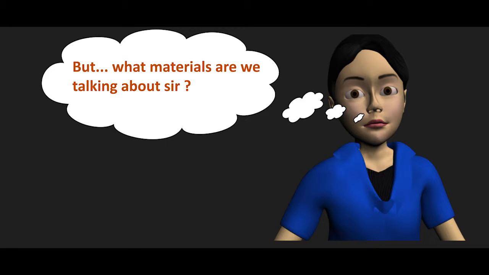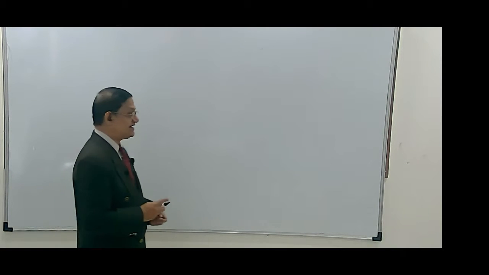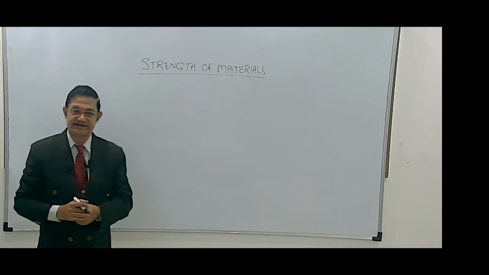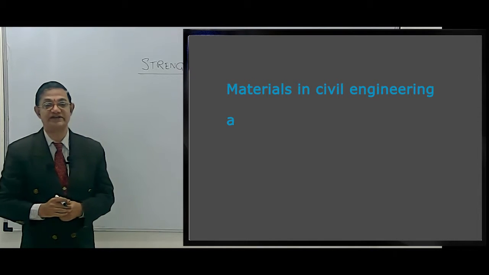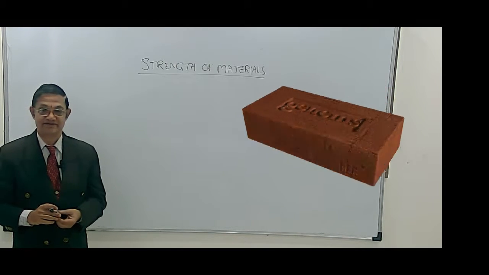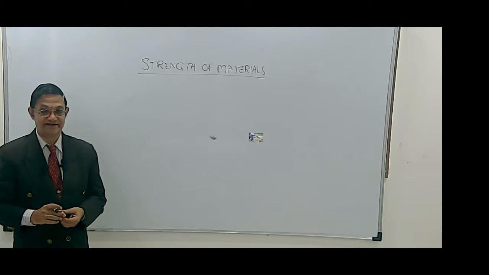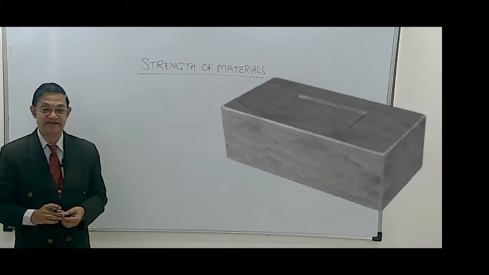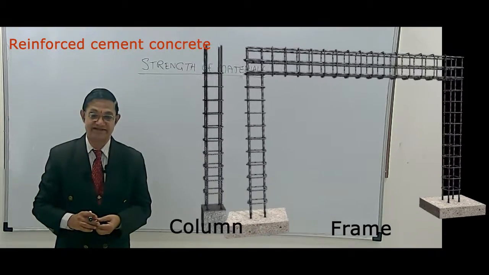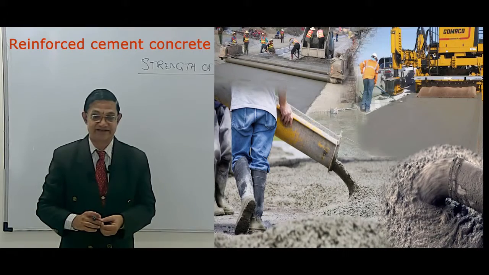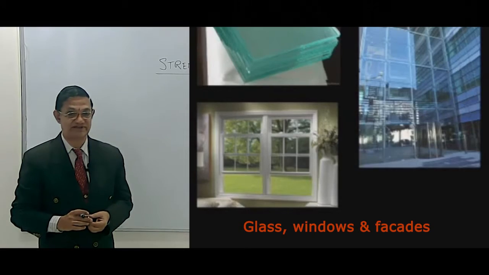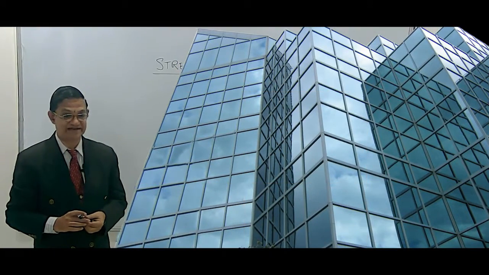But what materials are we talking about, sir? The different materials used in the various engineering applications, the civil engineering discipline in particular, are historically the bricks from clay and later the building blocks made of cement concrete and the subsequent developments that resulted in reinforced cement concrete and glass, which is used for the various partitions and facades.